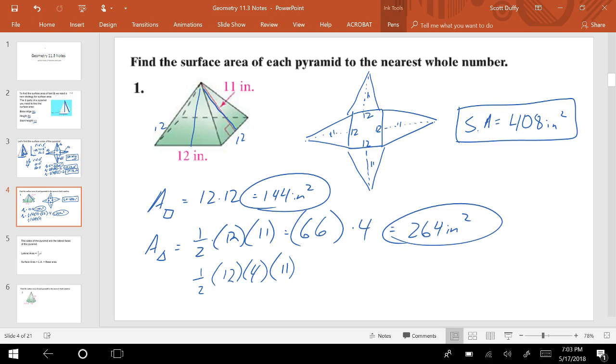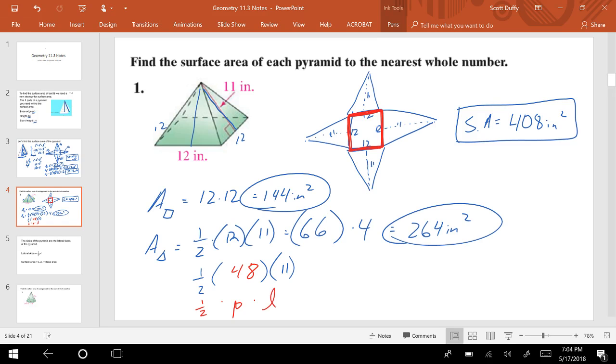But what you see is that the base of 12 times 4 would be 48, which is the perimeter of the base. Can we save some steps? So 1/2 times the perimeter of the base times the slant height.